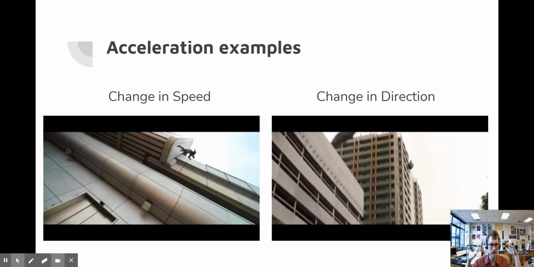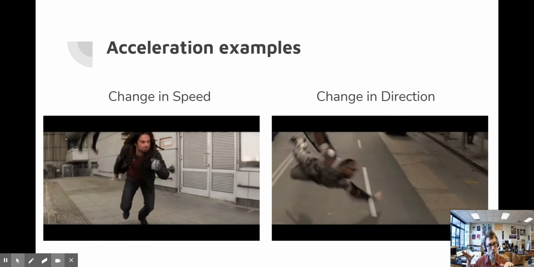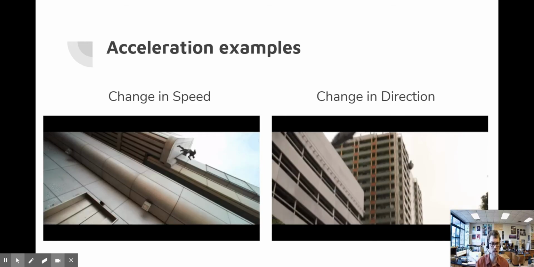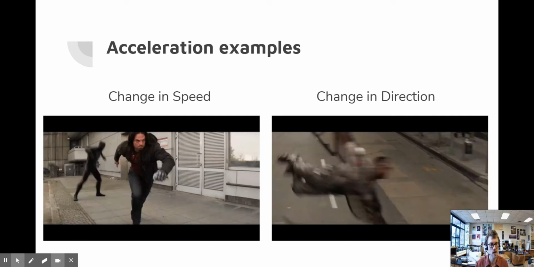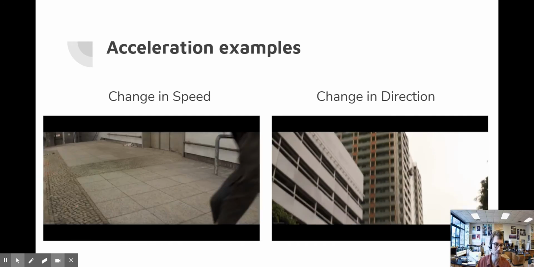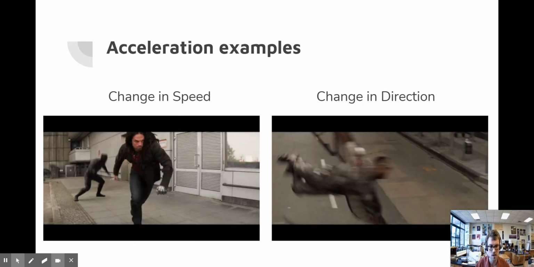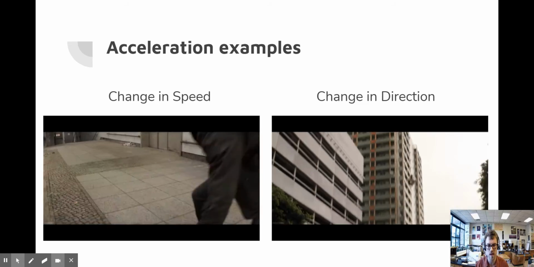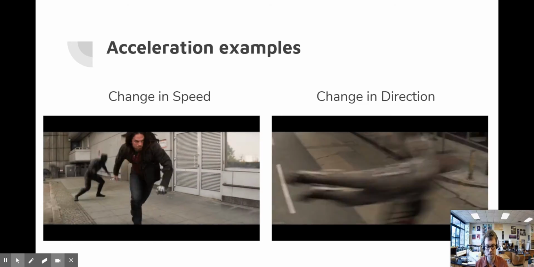Falcon is falling, and then Falcon kind of spreads his wings and turns. Well, when he's turning, right, changing his direction, that is a change in velocity because he's changing direction. So he is accelerating, even if his speed is staying the same as he does so. Okay, so both of those would be considered acceleration, either a change in speed or a change in direction.